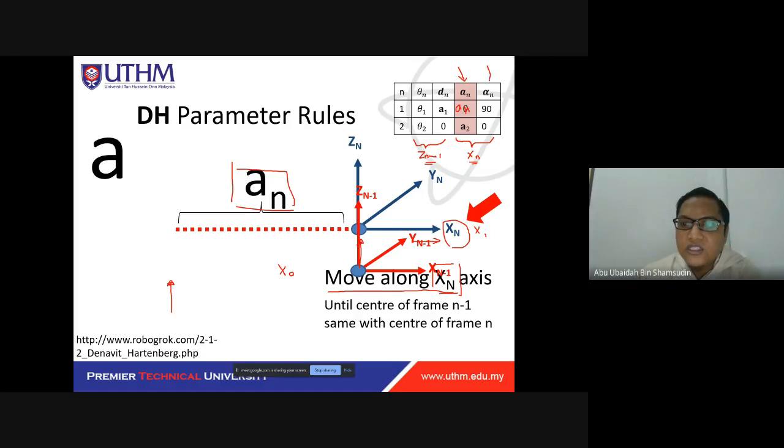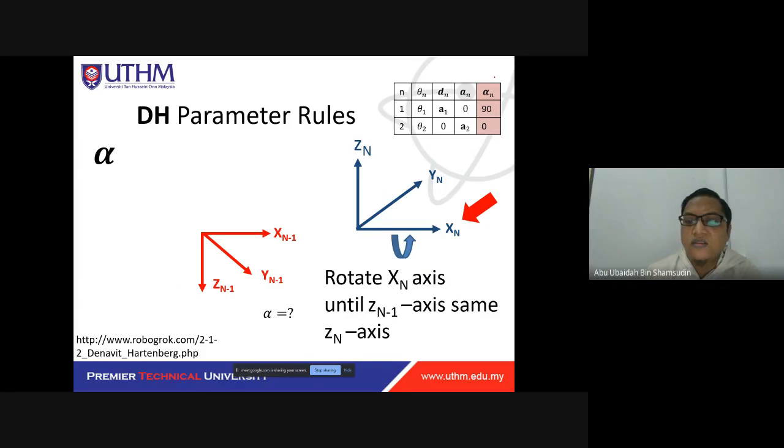For the final part, which is alpha, we just need to rotate the xn axis so that the zn minus 1 is the same as zn. This is a bit tricky. You need to rotate this axis here, like this, until the zn minus 1 is the same as zn.